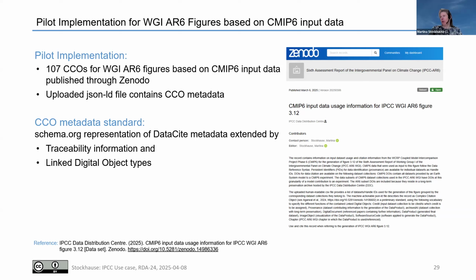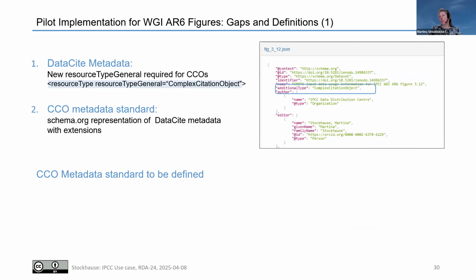So maybe with the example it gets clearer why we came up with that. First of all, as already mentioned, this is not a complex citation object because this DataCite metadata cannot identify it as such. That's a real gap which we cannot close.